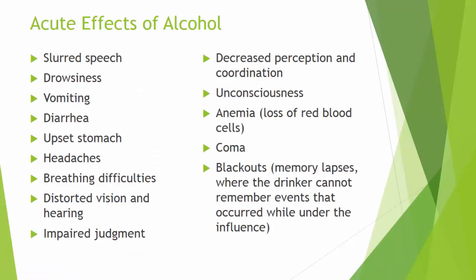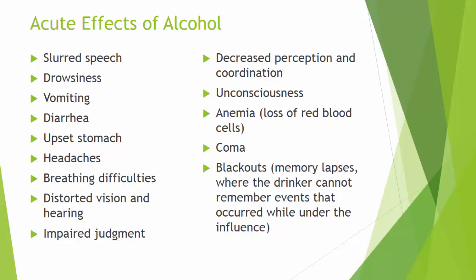So we said that these pathways have a rate of activity that can get rid of the ethanol. But when you drink ethanol in amounts that go above the capacity to metabolize it, then it begins to have effects on various tissues of the body.